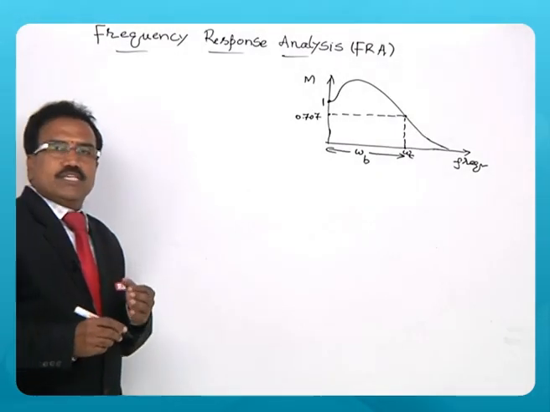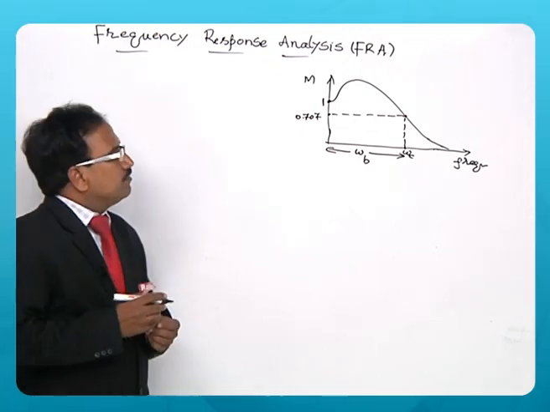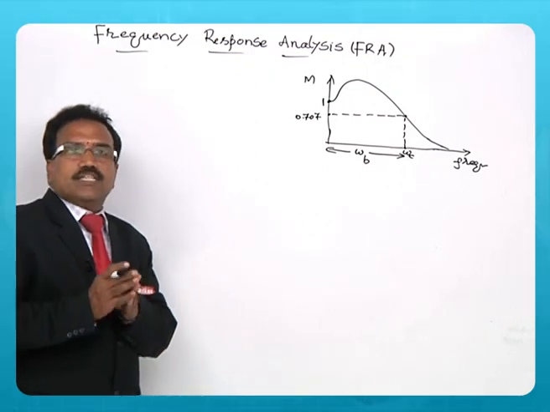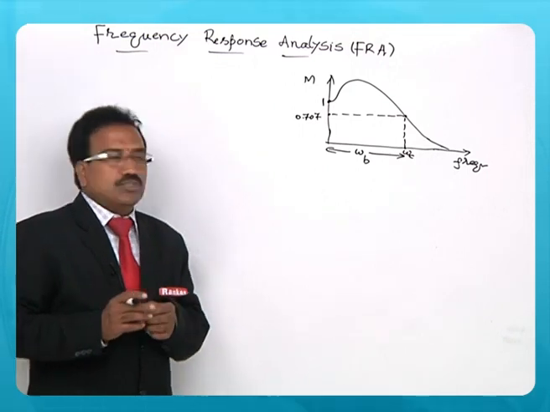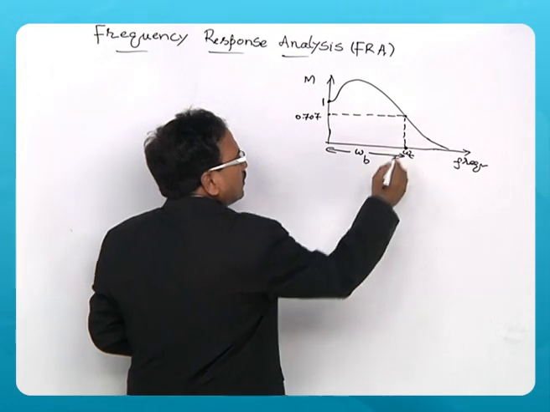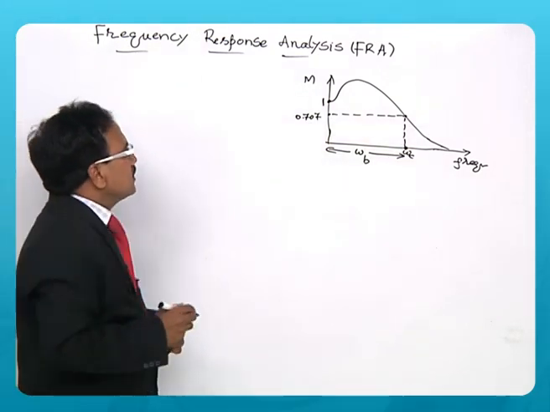When the value of the signal is greater than or equal to 1 by root 2, then we say that it is a bandwidth where you can get a better signal. The response is proper during the bandwidth range. This is the maximum value beyond which the signal gets disturbed, and that is known as the cutoff frequency.